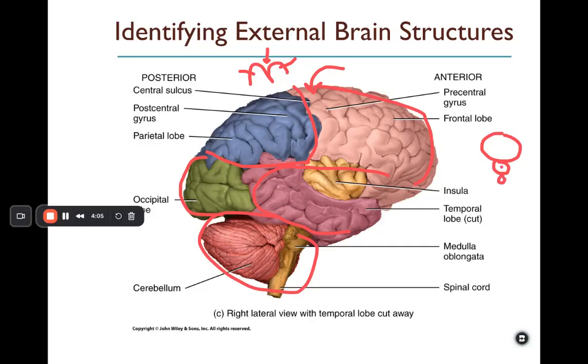So cerebrum, cerebellum, brainstem. What we've looked at so far is some of these major features just to get oriented. This big part here, that's your cerebrum. This wrinkly part, that's your cerebellum. And this part right here, that's your brainstem. Pons, medulla, midbrain.